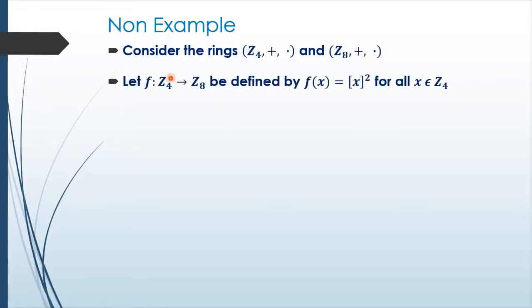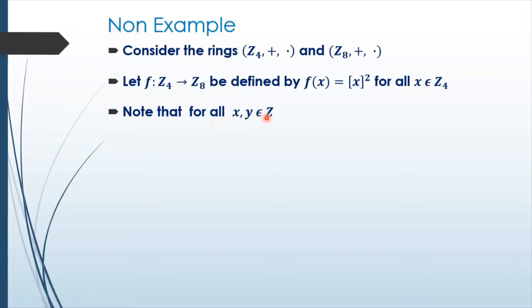Now, let us define f from Z4 to Z8 by f of x is equal to class x square, which means class x into x, which will be equal to class of x square for all x belonging to Z4.